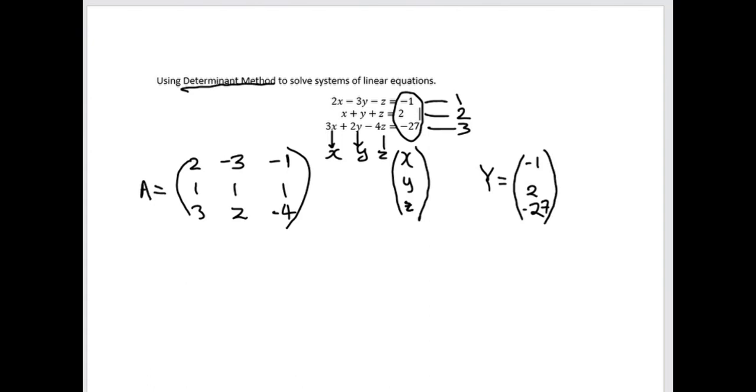Okay, now when it comes to solving systems of linear equations with the determinant method, one thing we should know is that we use determinants to compute each of the augmented matrices that are gotten by replacing each of these columns successively with our Y matrix.